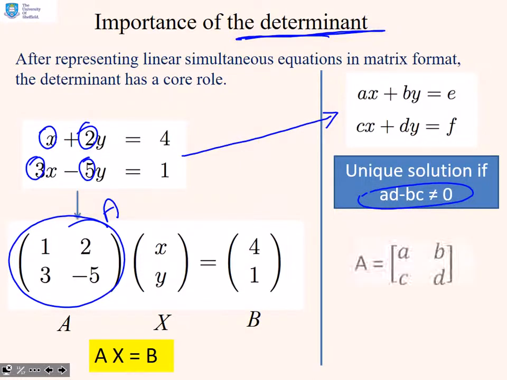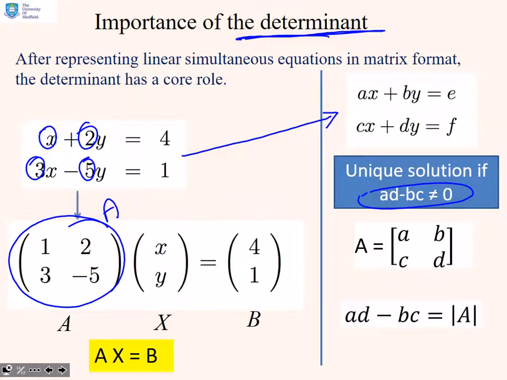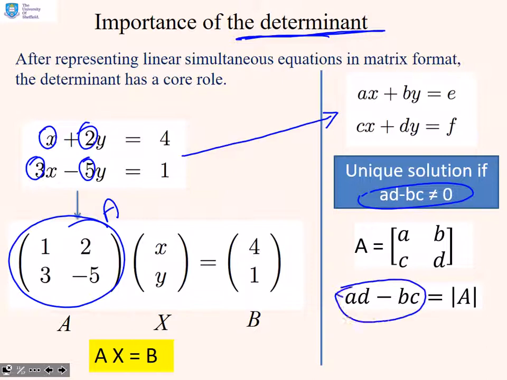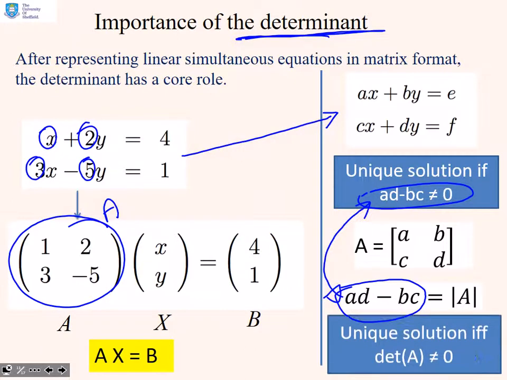Now let's look at this matrix A. There it is. And you remember from the videos on determinants that the determinant of A is given by AD minus BC. And what do you notice? It's the same expression. So what does this tell you? You have a unique solution if and only if the determinant of A is not equal to naught.